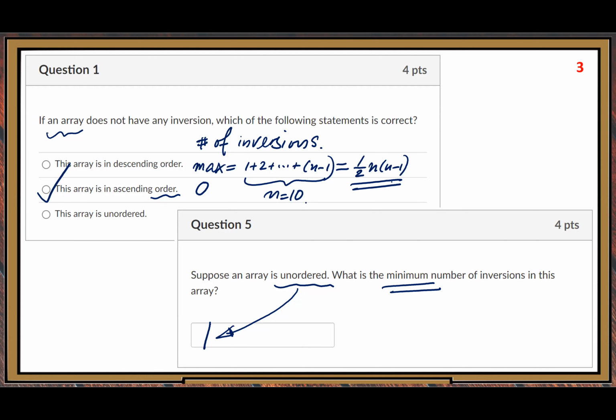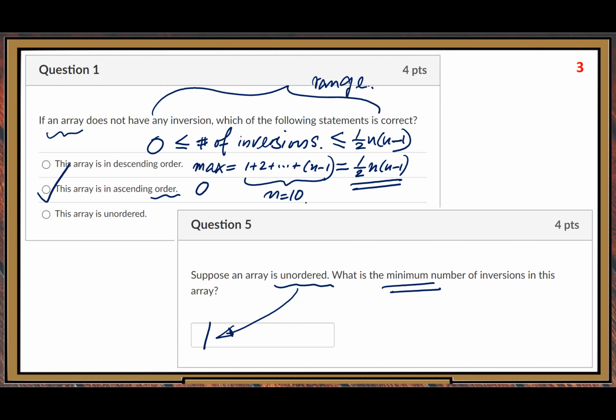You can see the number of inversions should be greater than or equal to 0, and less than or equal to n(n minus 1)/2. So in the general case, the number of inversions should be in this range.